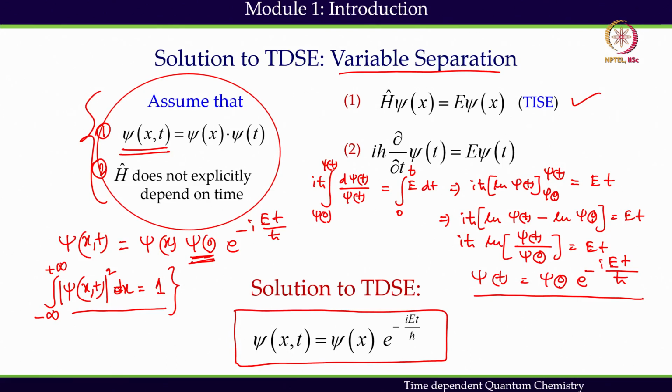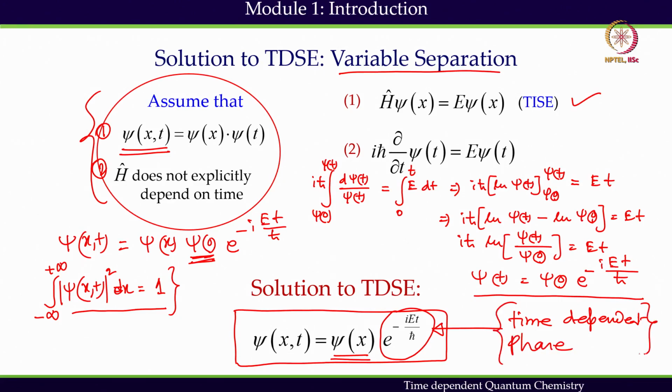So I have been able to separate the space dependent function and the time dependent part. This time dependent part behaves like a time dependent phase factor. What does it mean by phase? We will discuss very soon.